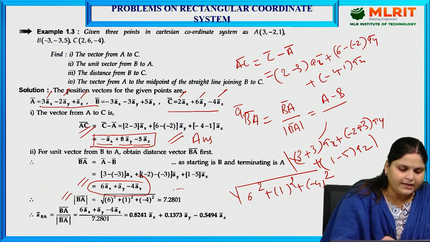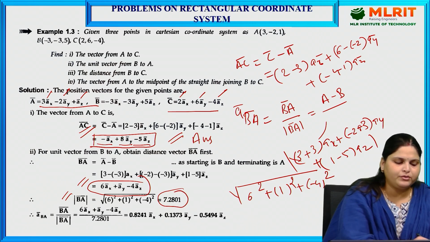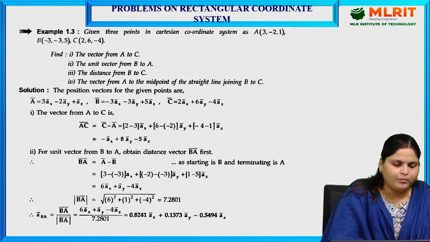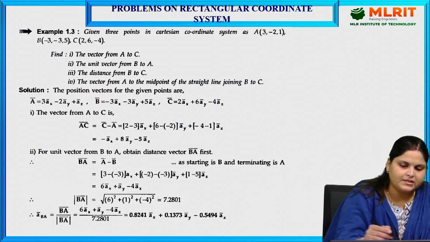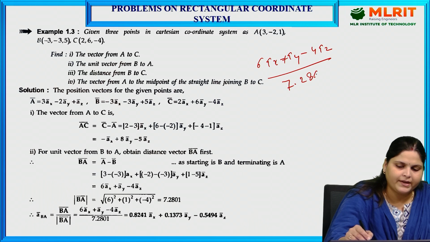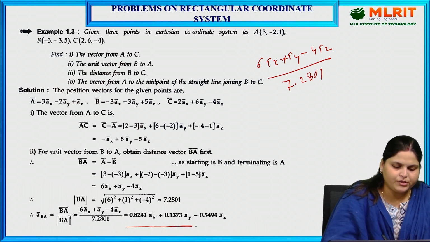So we are getting 7.2801. Now we can put it into this formula. After putting into this formula, this equation becomes 6ax plus ay minus 4az divided by 7.2801. When we solve it, we get this equation.